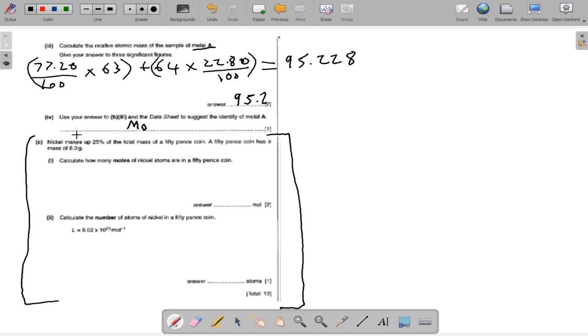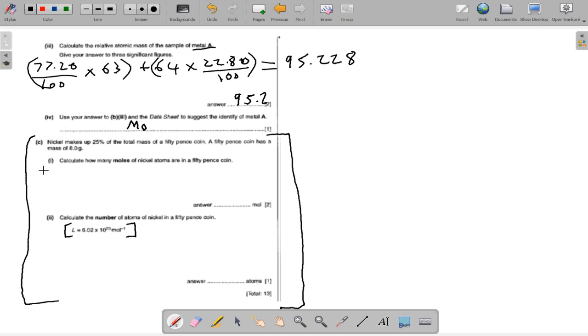And this one, nickel, makes up 25% of the total mass of a 50p coin. A 50p coin has a mass of 8 grams. Calculate how many moles of nickel atoms are in a 50p coin, and then you have to use this number to calculate the number of atoms of nickel in a 50p coin. So I'll give you a quick pause, and off we go again.